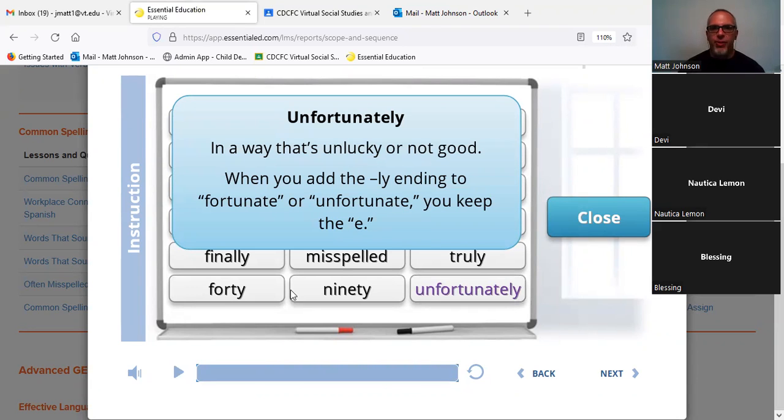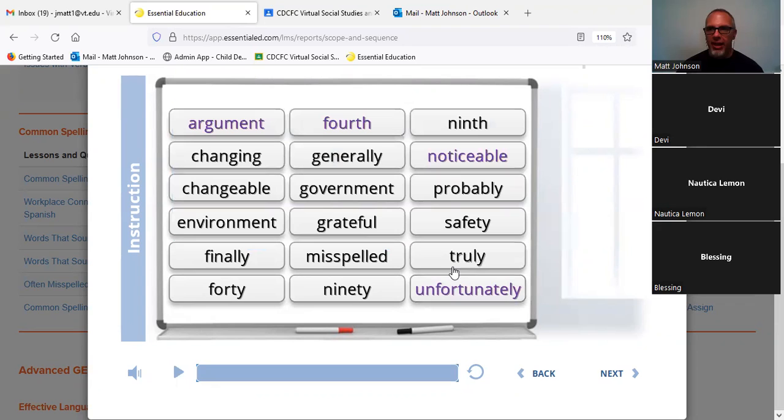Where in other cases where you'd use the ly, like right above it, and truly, right? The root word is true, T-R-U-E. But here you remove the E and just add the ly. So there you go. Same thing with probably, right? You remove the E, add the ly.